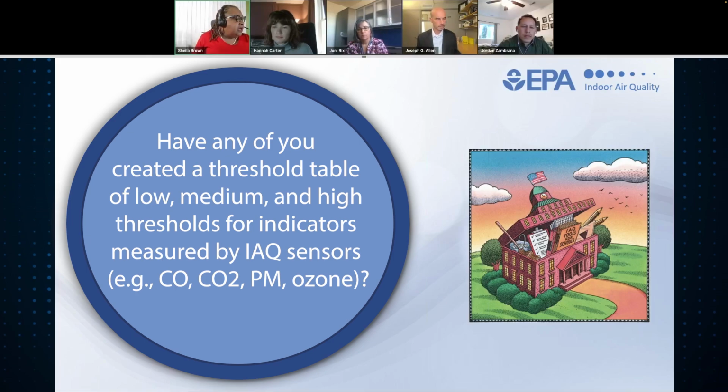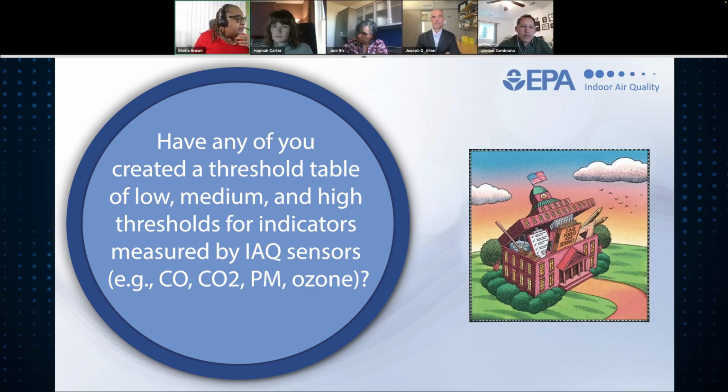Okay, so this question is drilling down. My children's school district, maybe I should say the school district, Montgomery County, Maryland, installed IQ sensors in every classroom and other spaces that measure CO, CO2, PM 2.5, PM 10, O3, TVOCs, temperature and humidity.